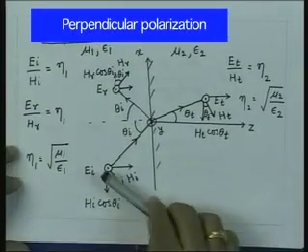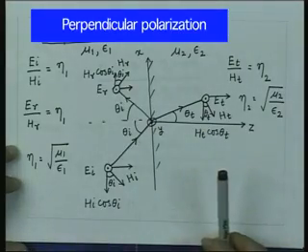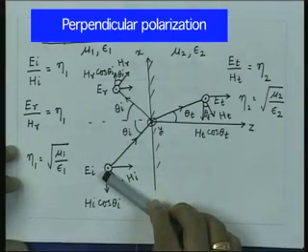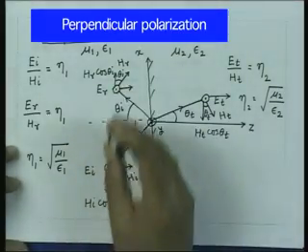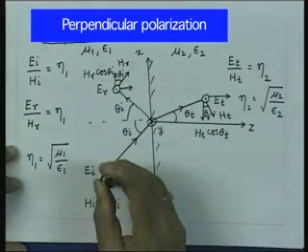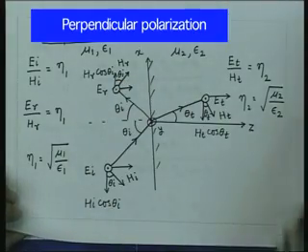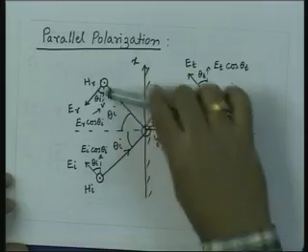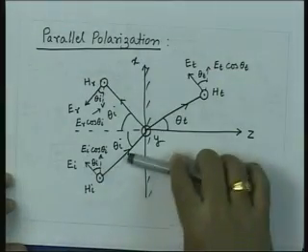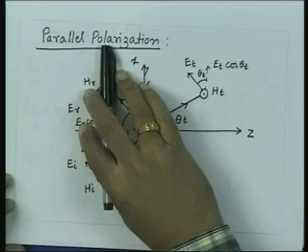the convention which we have taken when we define the direction for the electric field. For the perpendicular case, these two electric fields were in the same direction, we had taken plus y oriented. So we had a reflection coefficient which is eta 2 minus eta 1. Whereas if we go to parallel polarization, the electric fields are in this direction, so when theta I goes to 0, the E I and E R are now in opposite directions.